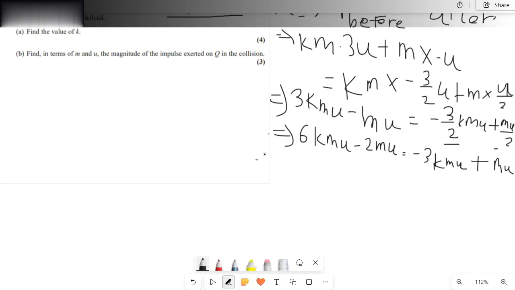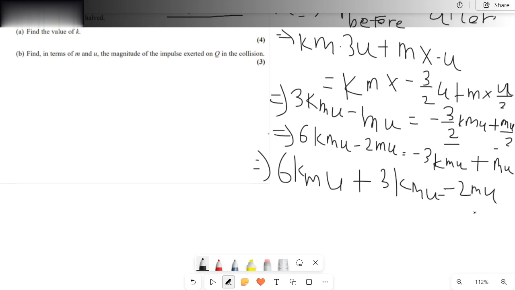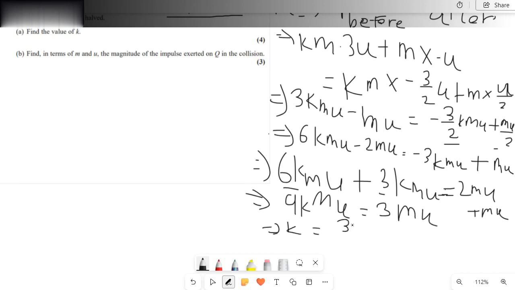Making k the subject, we have 6kmu plus 3kmu is equal to 2mu plus mu. 6 plus 3 is 9, so 9kmu is equal to 2 plus 1, which is 3mu. Therefore k is equal to 3mu divided by 9mu, so the value of k is 1/3.